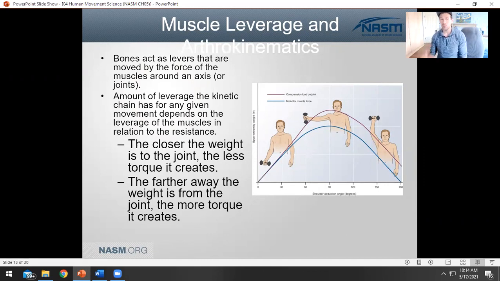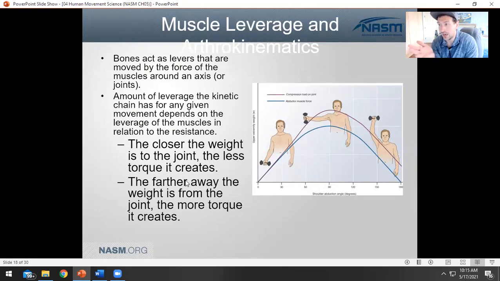So when we're considering how much leverage a muscle has, we've got to remember how long the muscle is, how much surface area that muscle has, and how far away our resistance is. So that's where we talk about this concept called torque.